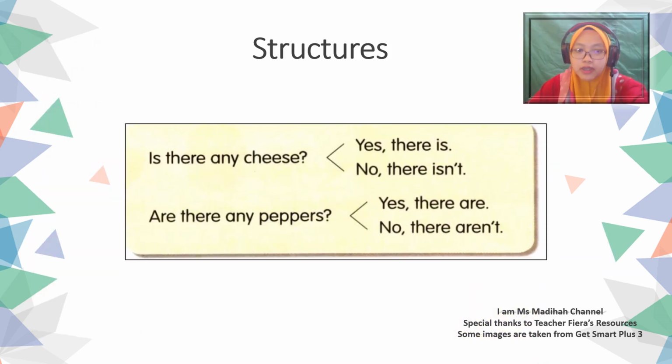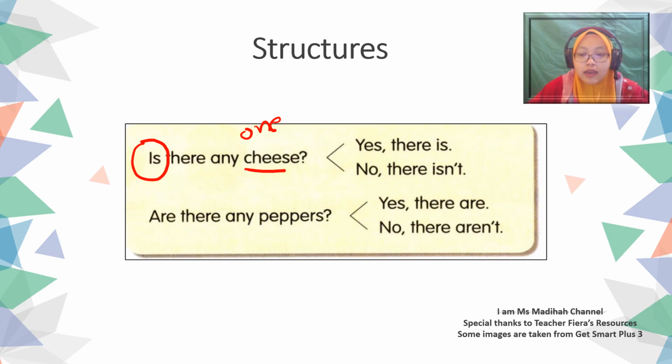To repeat, so we look again here. You use is whenever there is only one thing, or it is something that is uncountable. For example, is there any apple? Is there any egg?